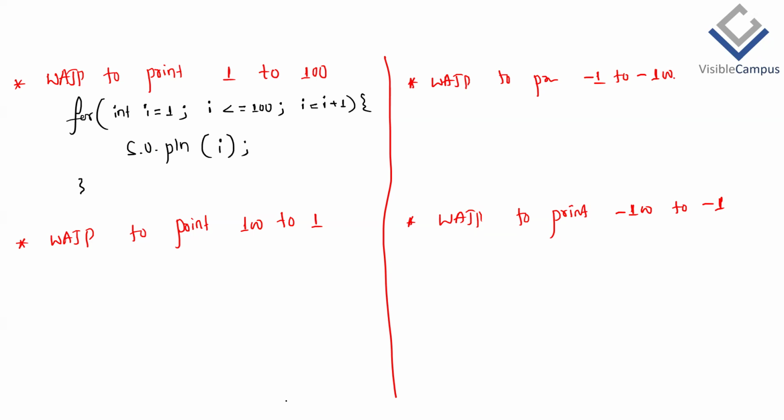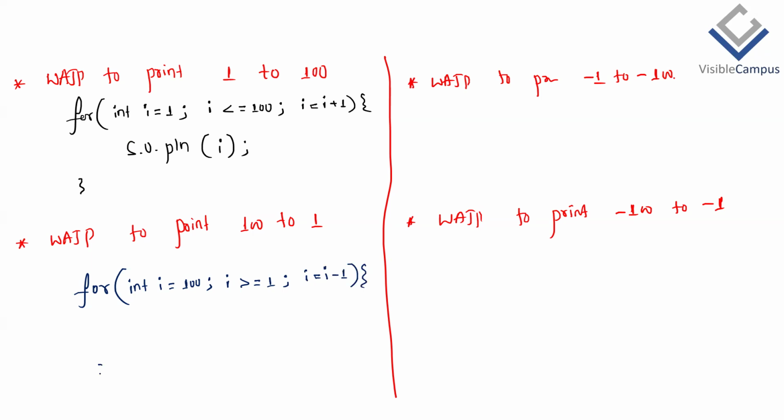Can anybody tell me the second one, please? Not group answers, any individual. Okay, from online I'm taking. Proceed, Prashant. Int i is equal to 100, next semicolon, next i is greater than or equal to 1, next semicolon, i is equal to i minus 1.